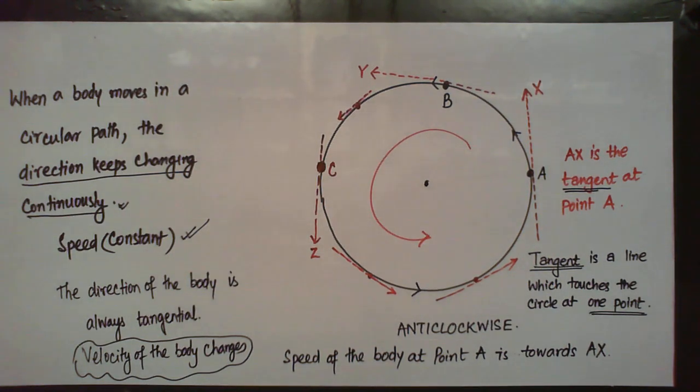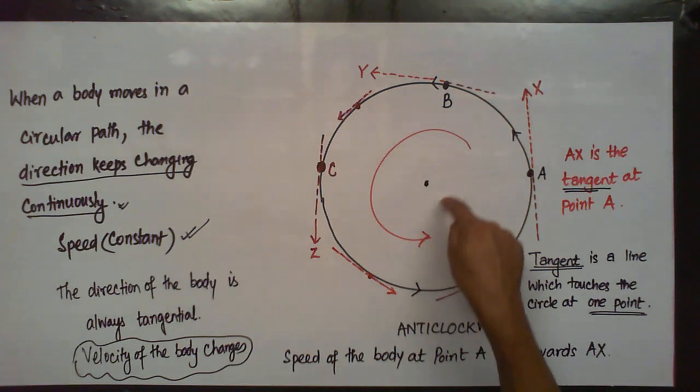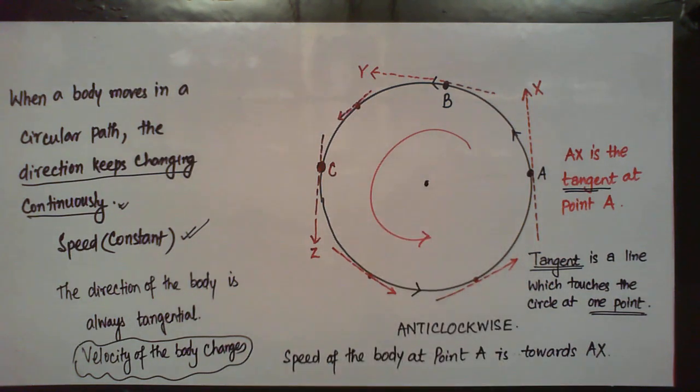So a body moving in a circular path, in spite of having a constant speed, would have a changing velocity, and because of the changing velocity, there would be acceleration, and therefore we say the circular motion of a body is accelerated motion.